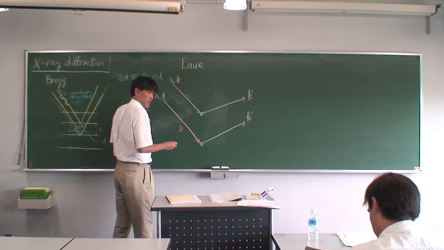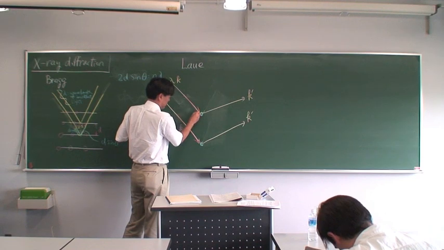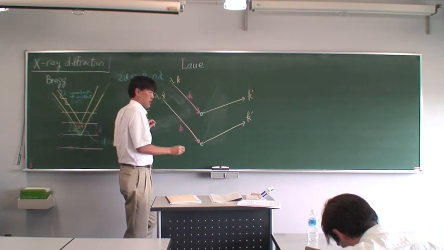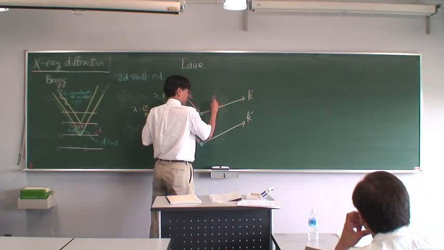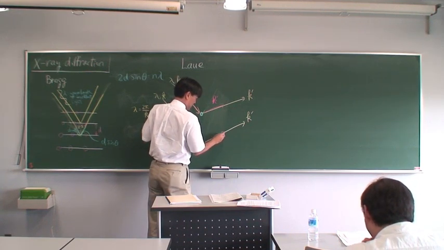Vector k is coming in, and vector k prime is going out. Vector k prime goes up.